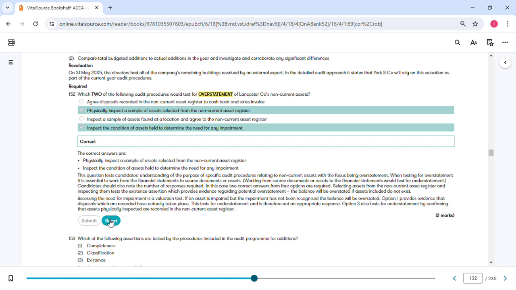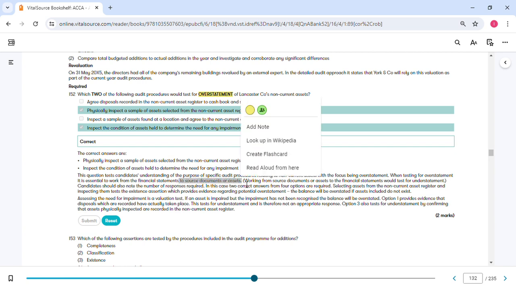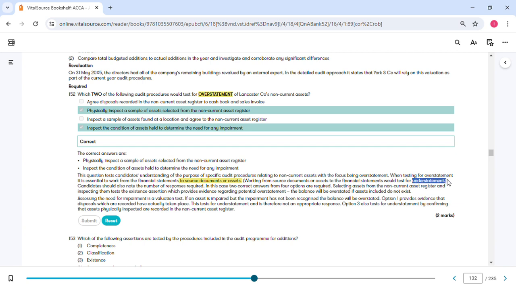When testing for overstatement, it is essential to work from financial statements to source documents, which means you have to go from the back to front. Working from source to financial statements would test understatement.